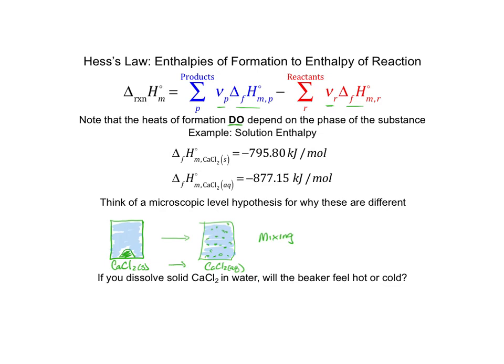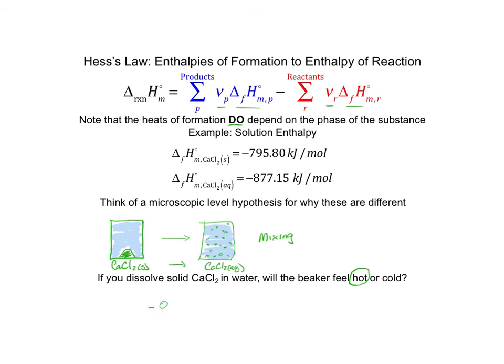So now, if I dissolve calcium chloride in water, do we think the beaker will feel hot or cold? Well, the answer is going to be hot. Because really we can think about this as products minus reactants.